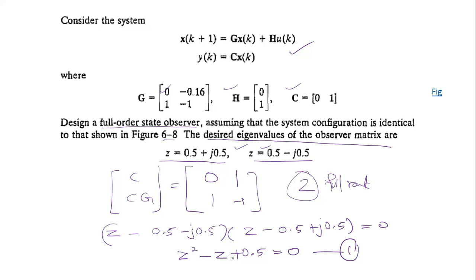This is your desired characteristic equation which you derive from the desired poles, and then we need to find the generalized equation for the characteristic equation. Our matrix was G minus KEC. In order to find the characteristic equation from this matrix, we take the determinant of zI minus this matrix.